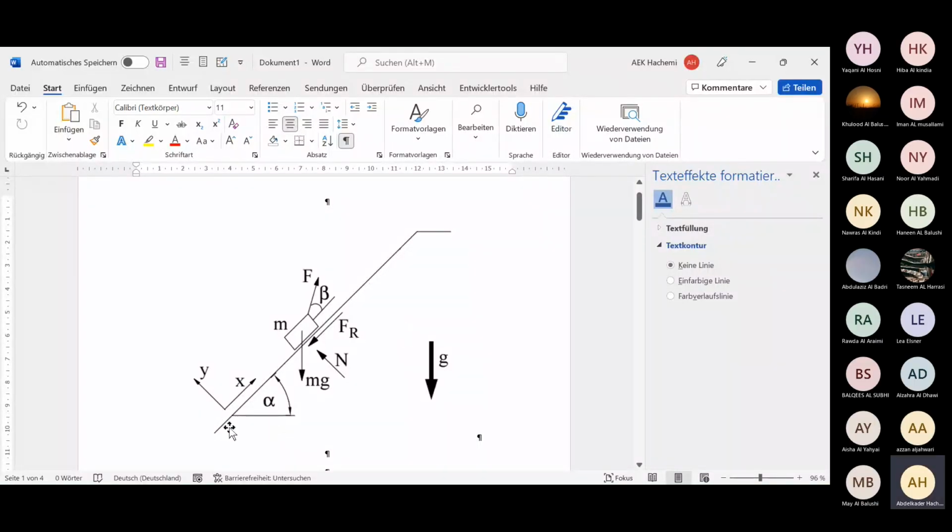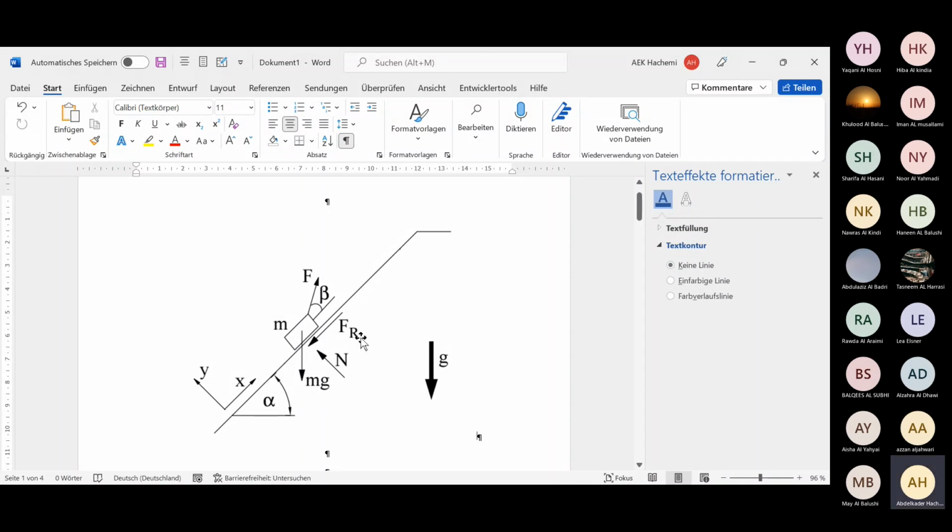What we have here, we choose this coordinate system, x and y. Always we do this when we have a sloped plane, that means there is the horizontal as well as the vertical direction.